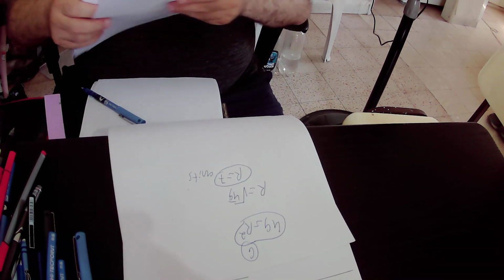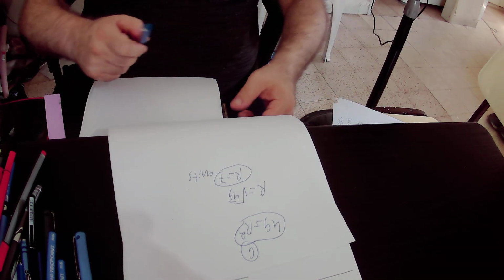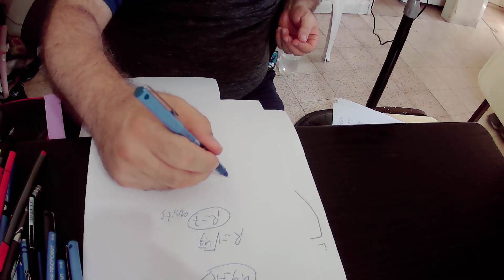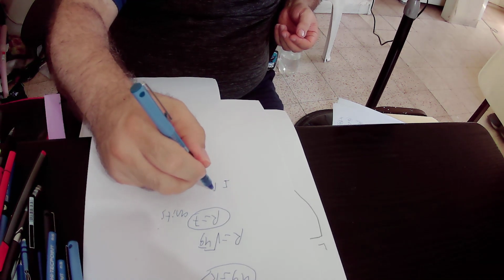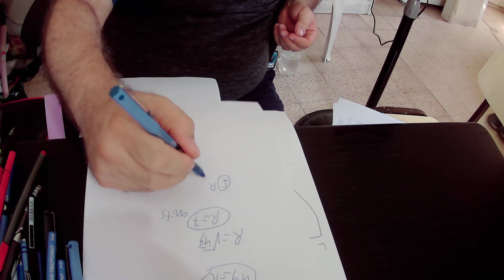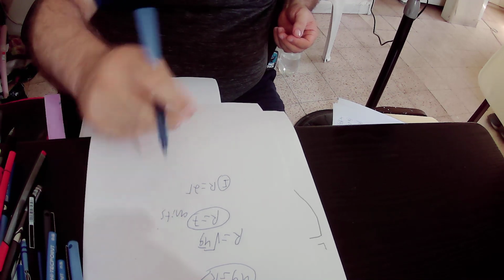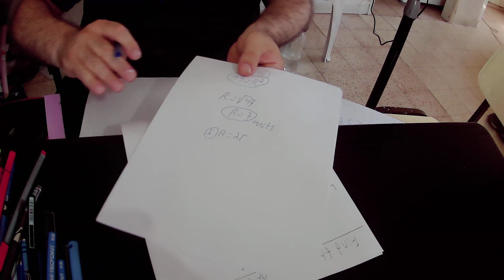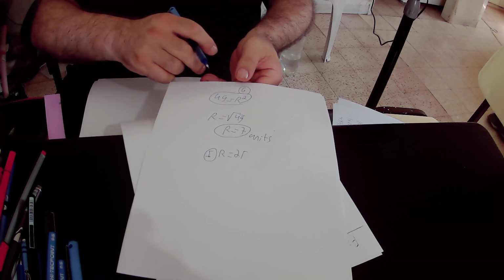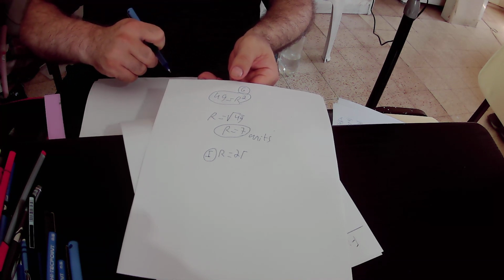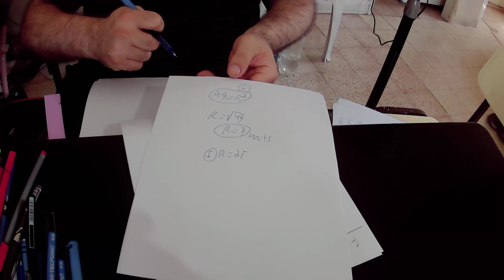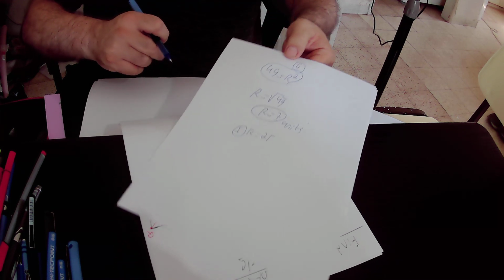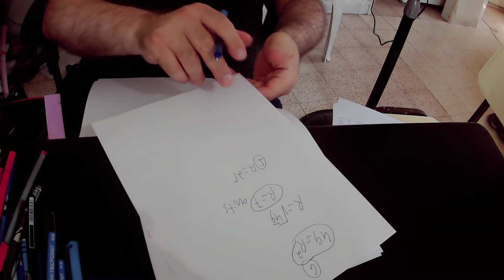Okay, so we write down the first equation. Capital R equals 2 times small r, but we know that capital R equals 7, so we can substitute capital R by 7 in the first equation.